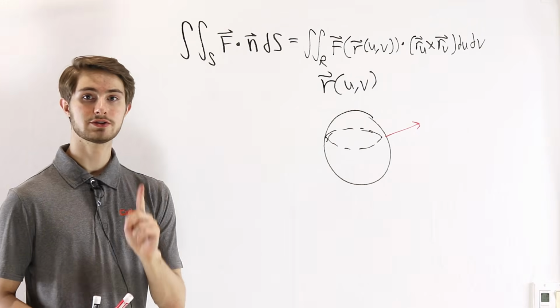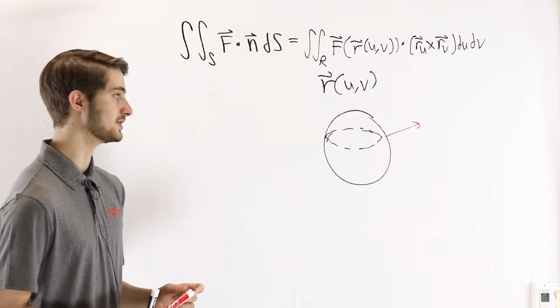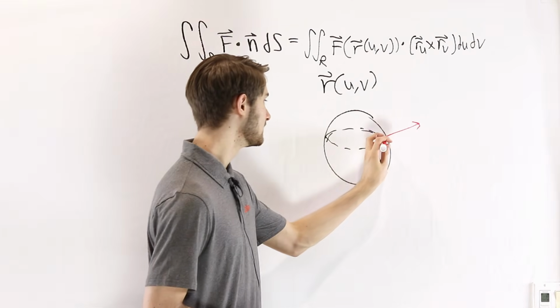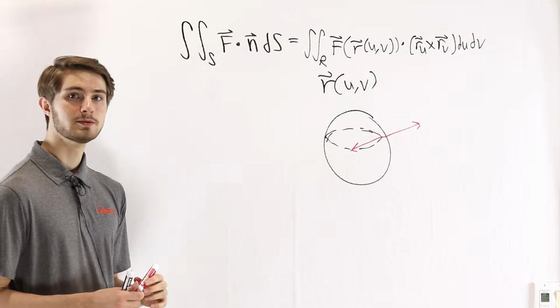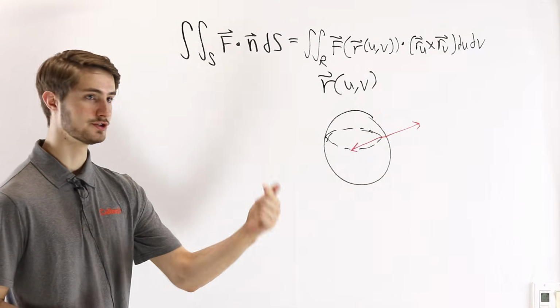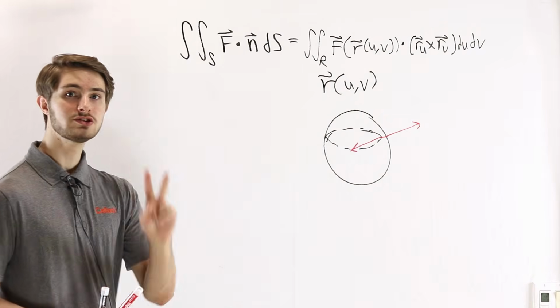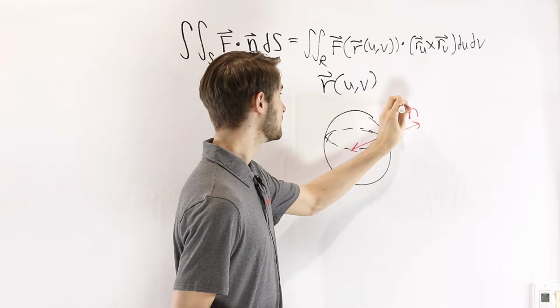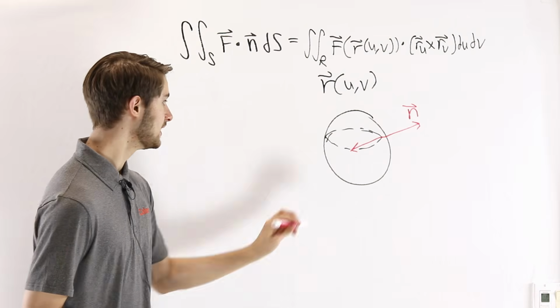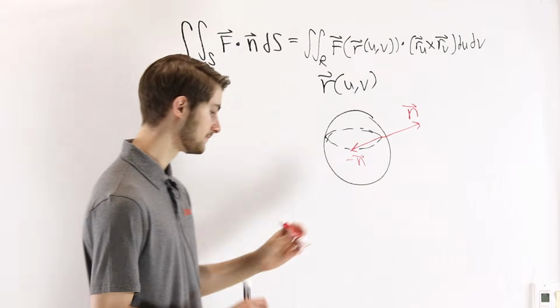However, there's another unit normal vector that we could have chosen instead, and that is the unit normal vector that looks like this. The vector pointing in the exact opposite direction. So there are always two unit normal vectors to a surface. There is the original vector n, and there is negative n.